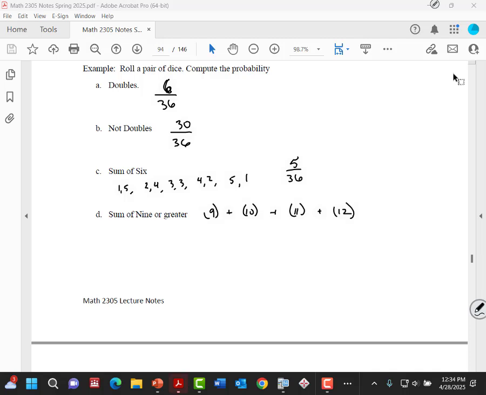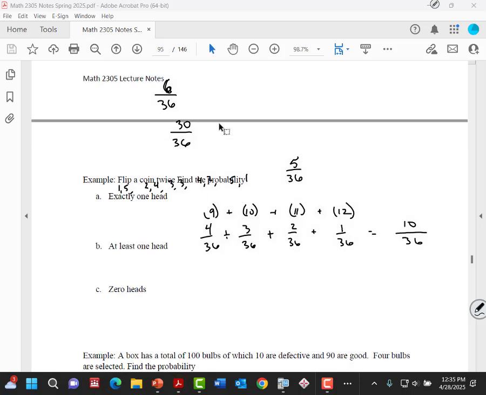A sum of 12, we'll start down here at the back end, is 1 out of 36. The only way that that can happen is double sixes. This would be 2 out of 36. This would be 3 out of 36. And 9 can happen 4 ways out of 36. If I add these up with the common denominator of 36, this comes out to be 10 out of 36. So yeah, example, rolling a pair of dice.